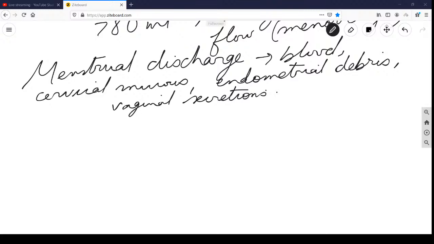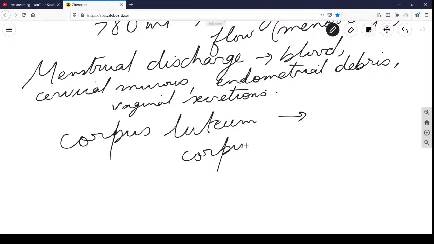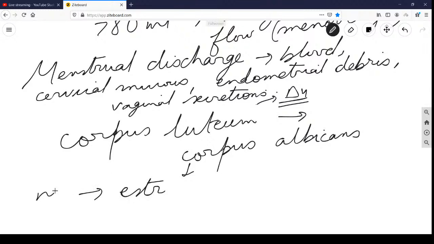So the corpus luteum would then turn into corpus albicans. This follows the delta 4 pathway. It produced progesterone and estrogen both, if you remember, in the last class I had shown you. So now it cannot produce estrogen and the heavy progesterone level.